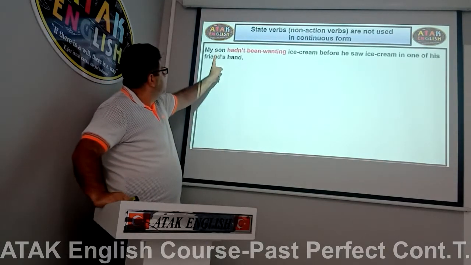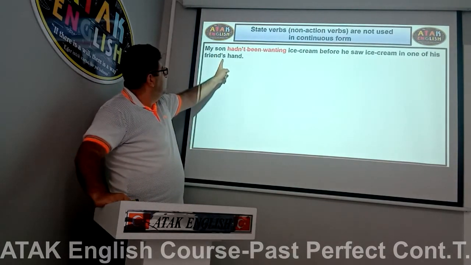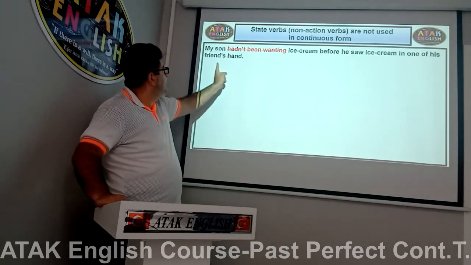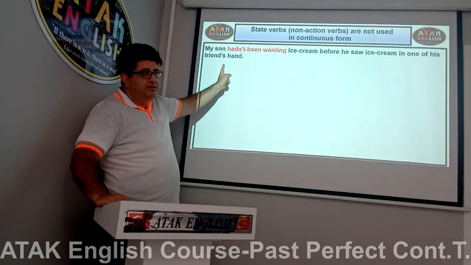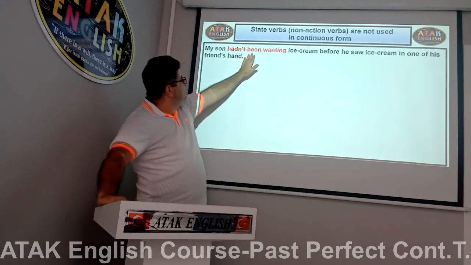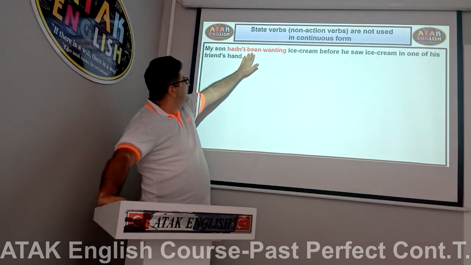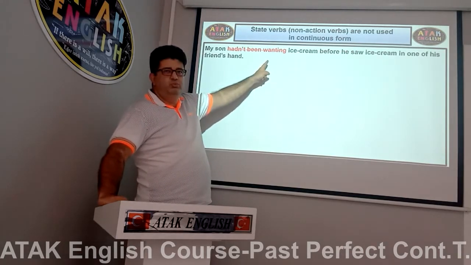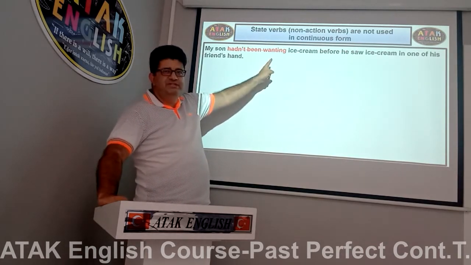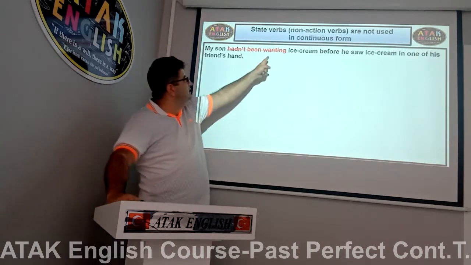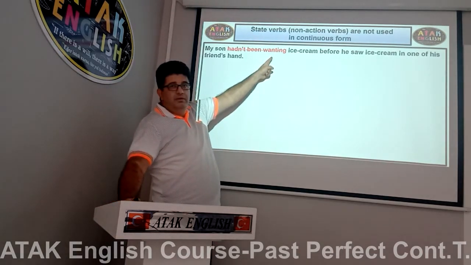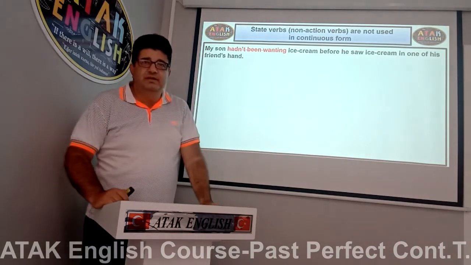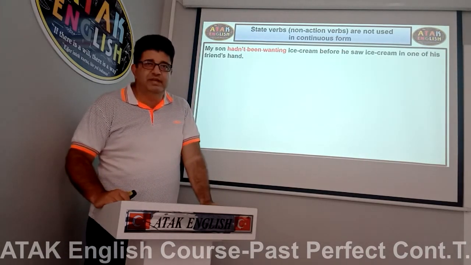Okay, my son hadn't been wanting ice cream before he saw ice cream in one of his friend's hand. Of course, I cannot say hadn't been wanting. I cannot use want, which is a non-action verb, in continuous form, as well as in past perfect continuous tense, because non-action verbs cannot be used.